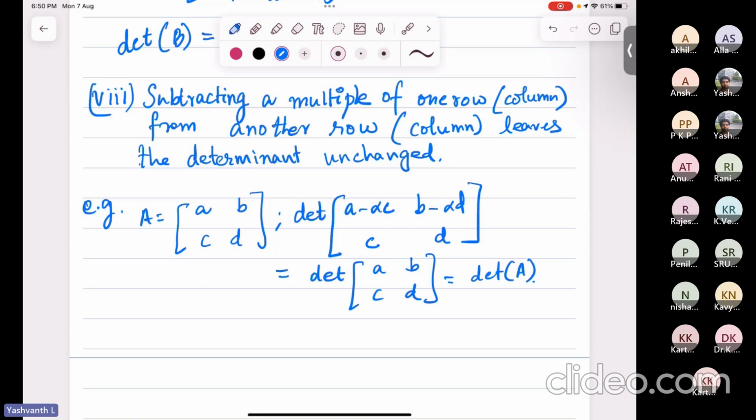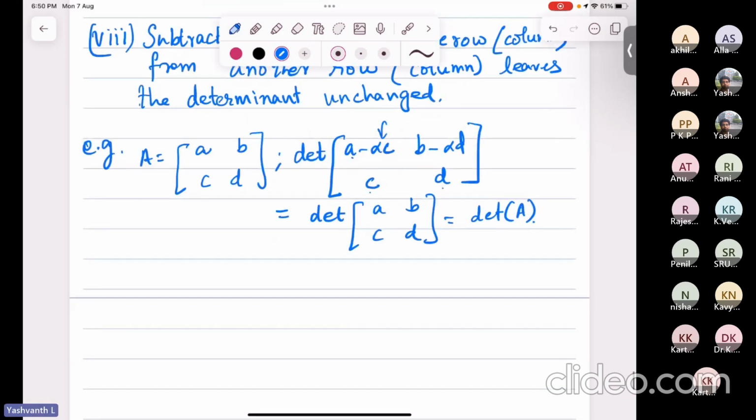So basically what did I do? I subtracted the second row, C and D, from the first row, A and B, by a same factor alpha, so αC and αD. The subtraction of one row from another row will not change the determinant, is the property.